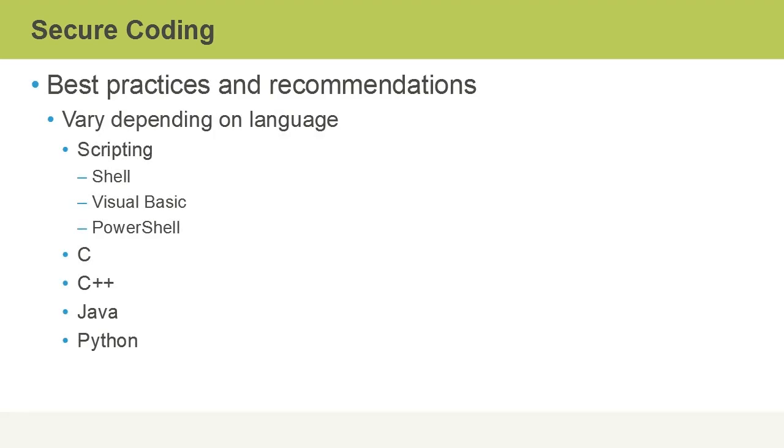With secure coding, best practices and recommendations will vary from programming language to programming language. So if we're scripting using a Unix or Linux shell of some type, or using Visual Basic or Microsoft PowerShell, or languages like C, C++, Java, and Python, there will be different best practices and recommendations, although there are some common threads.